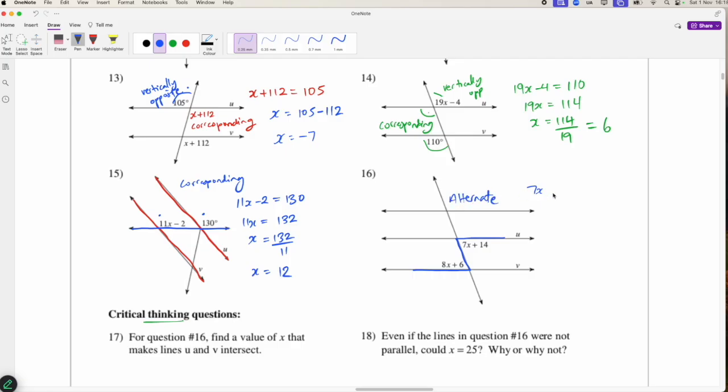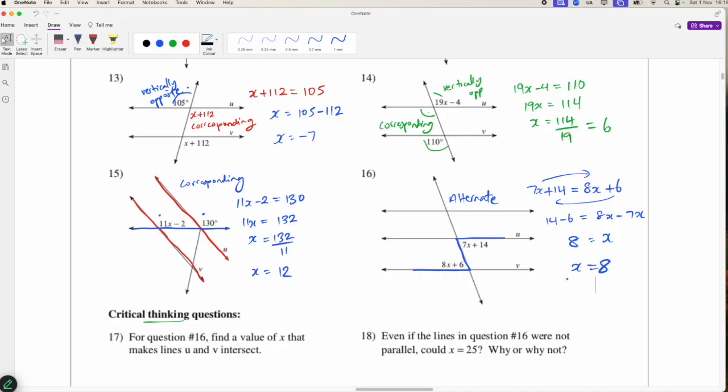And alternate angles are equal. So I could throw the 7 on this side and throw the 6 on this side. So I have 14 minus 6 on this side, and I have 8x minus 7x on this side. So that means I have x on this side, and 14 minus 6 is 8. X is equal to 8.